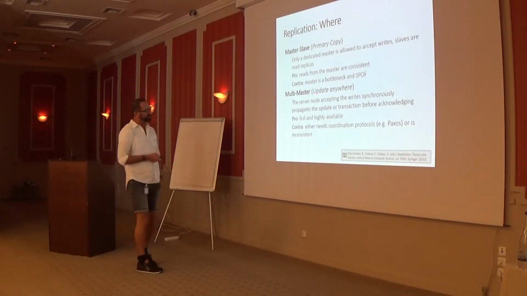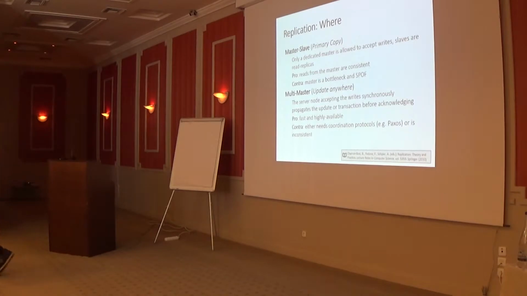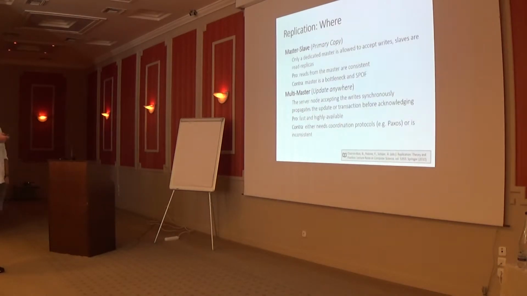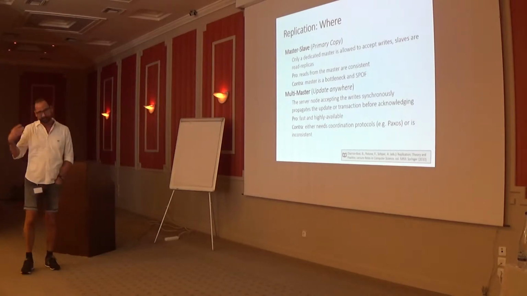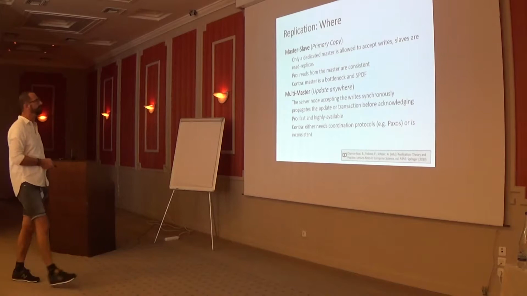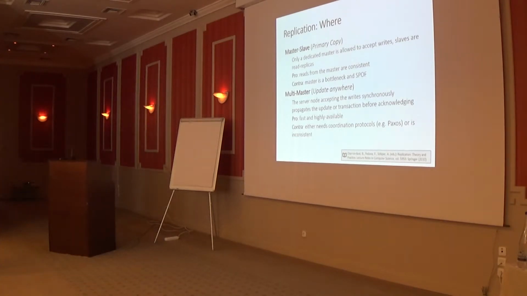Or we do it multi-master, then again things are easier, writes are faster, but things are not really consistent. And you can combine all these. For the when and the where, you can combine all the different alternatives, so you have 4 different ways to really do it. And for example, Redis is doing asynchronous master-slave replication.